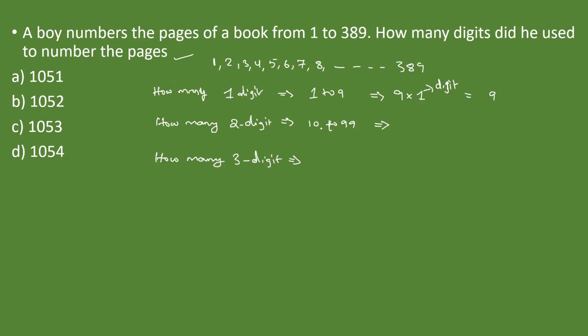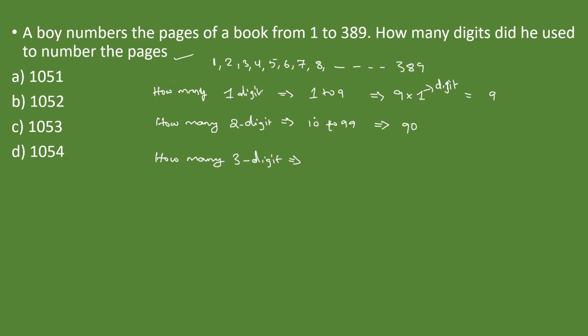You may go wrong, especially while counting the numbers. From 10 to 99, we will have 90 two-digit numbers. Why? Because 10 is also included. Don't subtract 99 minus 10 and stop there.